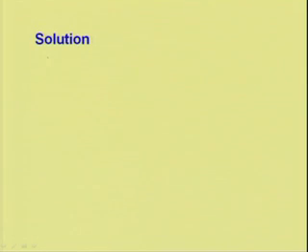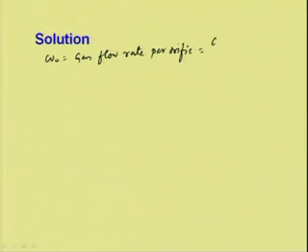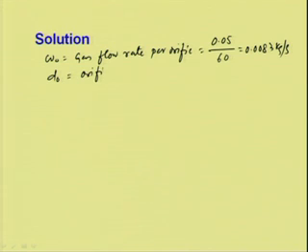Now, it is given that W0 is the gas flow rate per orifice, which is equal to 0.05 kg per second divided by 60 orifices, which is 0.0083 kg per second, and D0 is given, which is the orifice diameter, which is 0.003 meter.